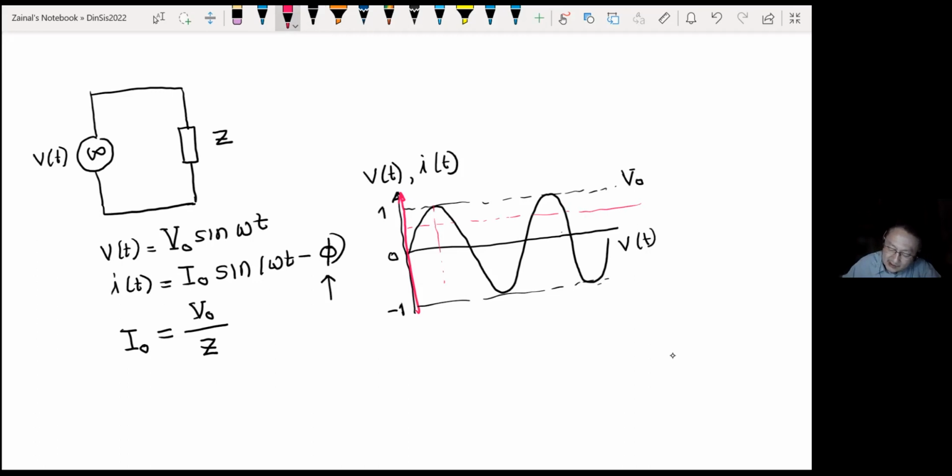If this one is maximum, this one minimum, this one maximum, this one minimum, and this one is current, then the current may be something like this, so it will be shifted.